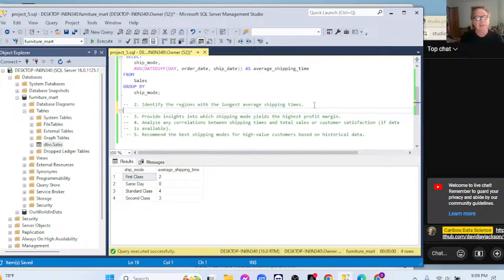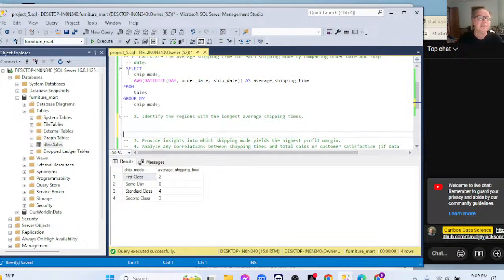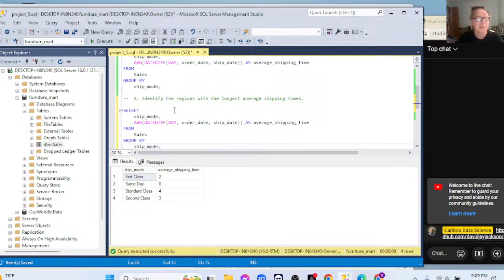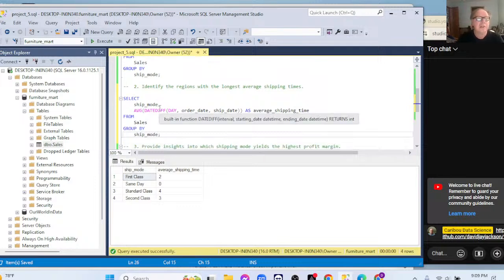Let's just try something here. Let's just take this and change ship mode to region.